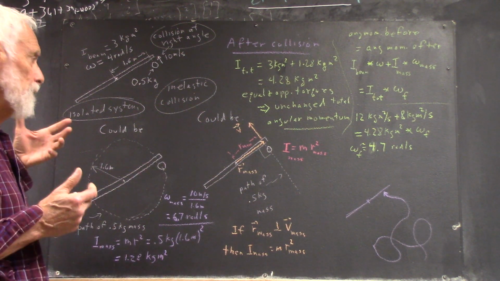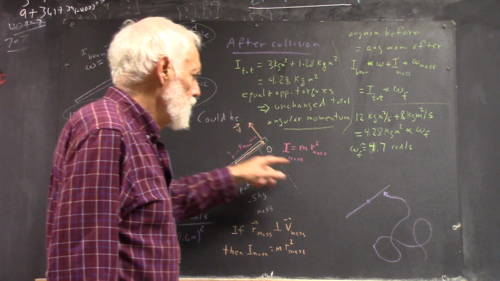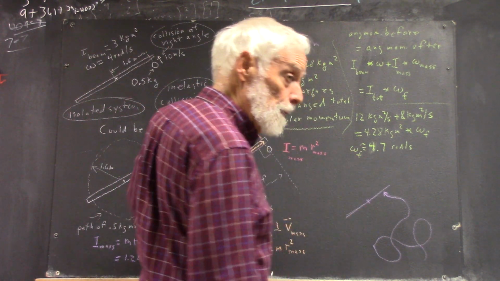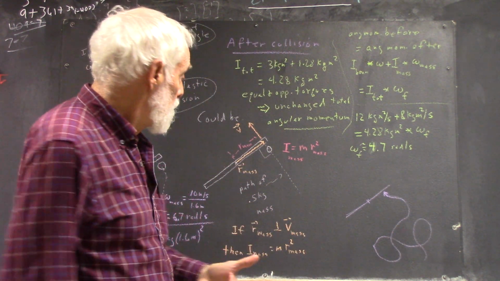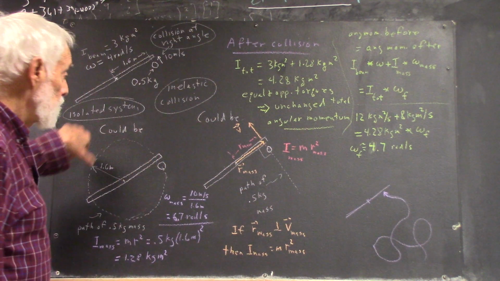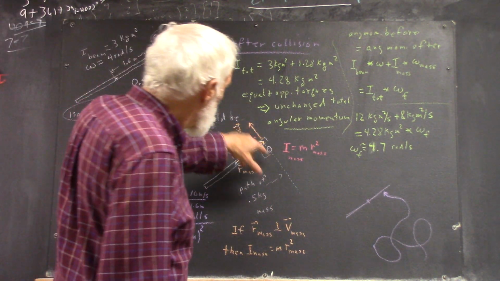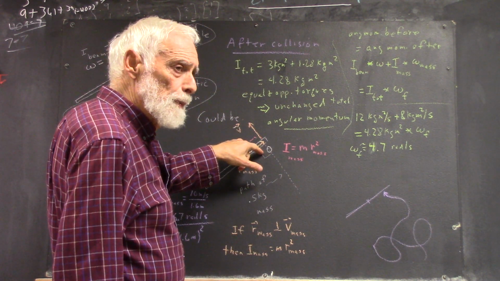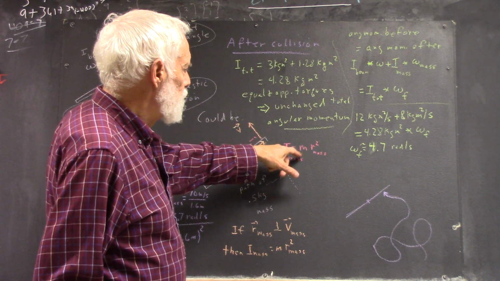Well, in that case, we can say that in either of these cases, assuming the collision is at a right angle at the same point, the moment of inertia of this thing at the instant of collision is whatever this is. For a perpendicular path, whatever path, as long as it becomes perpendicular here, you have to say that the moment of inertia of the mass is just m r squared.